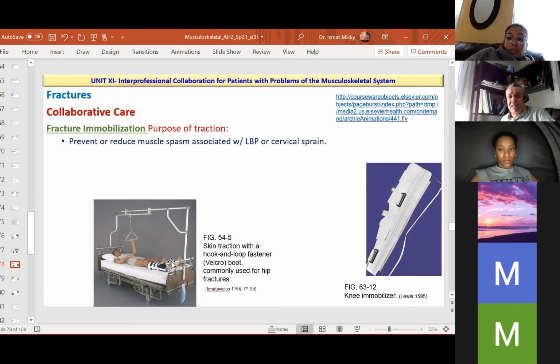We apply adhesive tape that goes around the skin, and then there is a rope, pulley, and then a weight hanging. So that's skin traction.